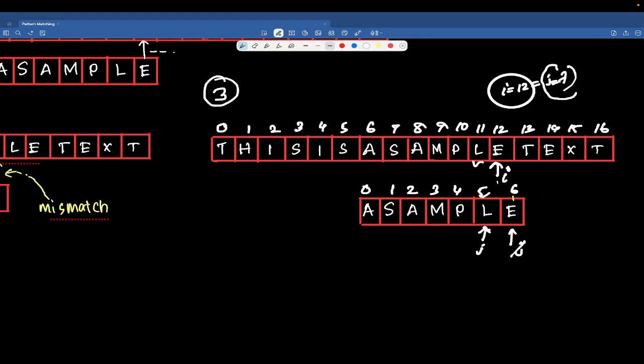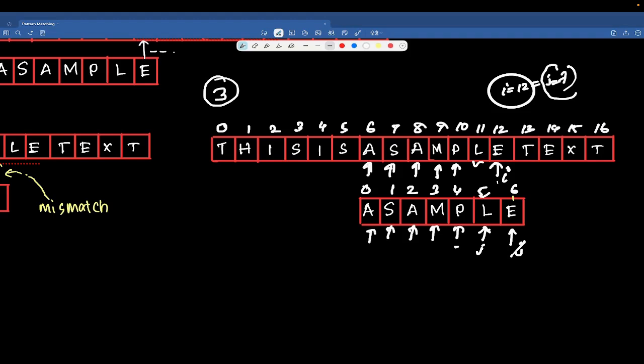Again there is a match, so we decrement I, then decrement j to point to P, both are matching. Again we decrement I, decrement j, matching; decrement I, decrement j, matching; again decrement I and decrement j.